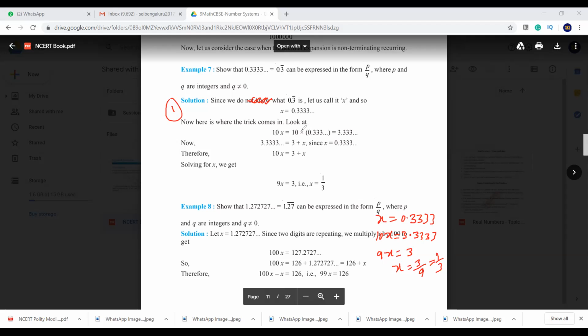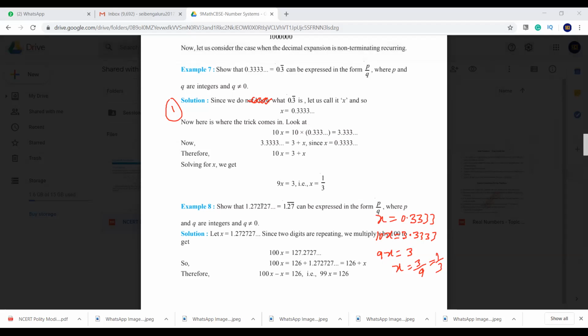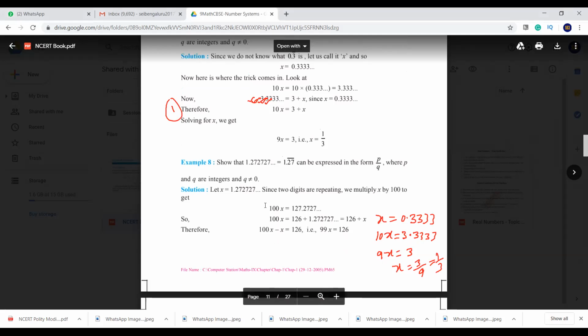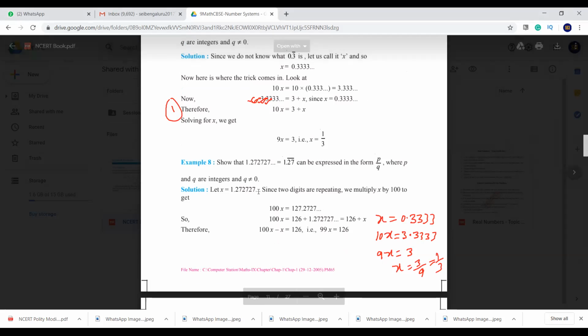Similar method: 1.2727 continuation. After the decimal, how many numbers are continuing? 2 numbers, that is 2 and 7, 2727 continuing. So 1.27 bar, you can express in p by q. Now let x be equal to 1.272727 continuation.